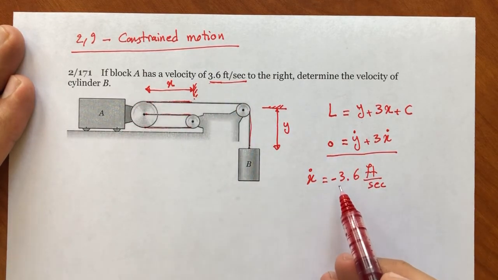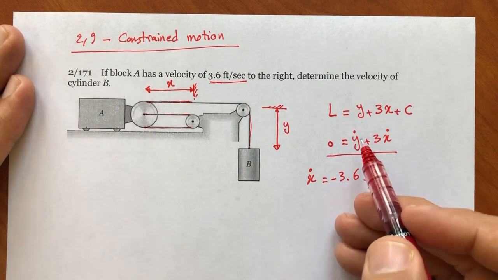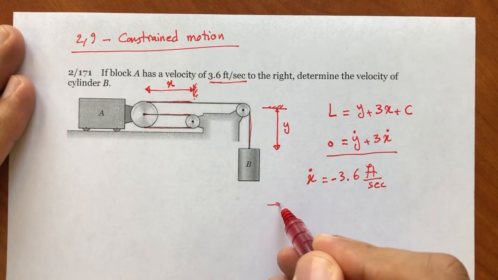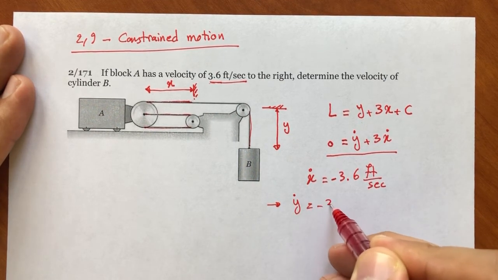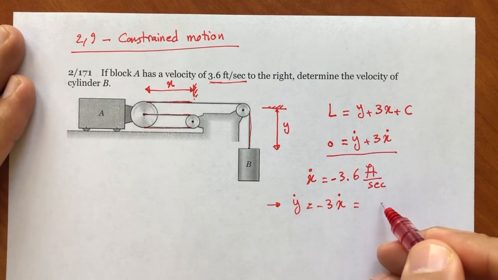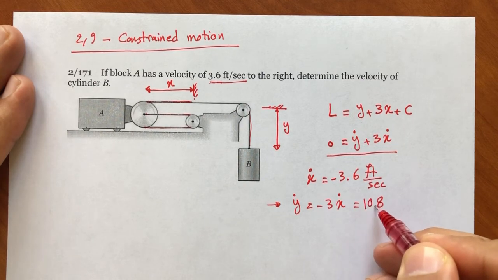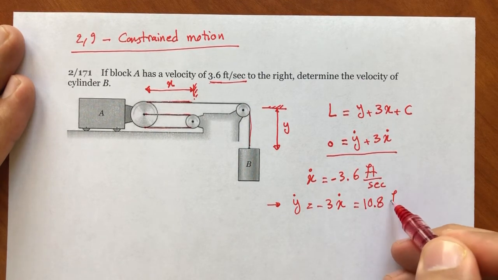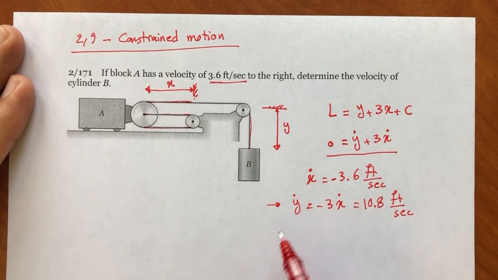But here it is negative because the object is moving to the right. So if I put this here, I'm going to be able to find y dot. From this equation, y dot is going to be equal to negative 3 times x dot. So it's going to be 10.8 feet per second, and it's going to be positive.